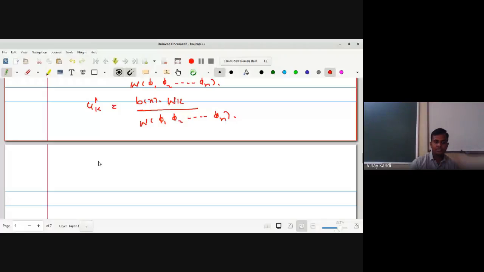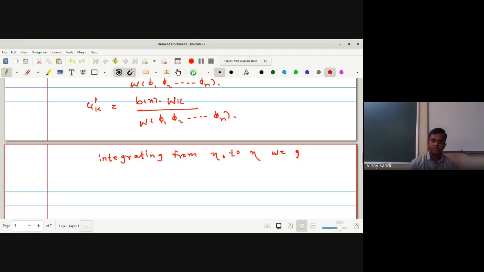Integrating this with respect to x from lower limit x naught to x, we get this is uk which is equal to integration x naught to x b of t.